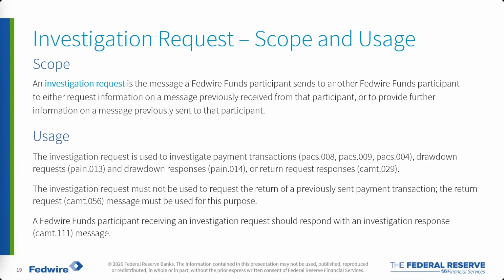You should not use this message, for example, to request the return of funds, as for that we have a specific ISO 2022 message, the CAMT 56 or the return request. As we will cover later, the investigation request will be answered with an investigation response, or CAMT 111 message.